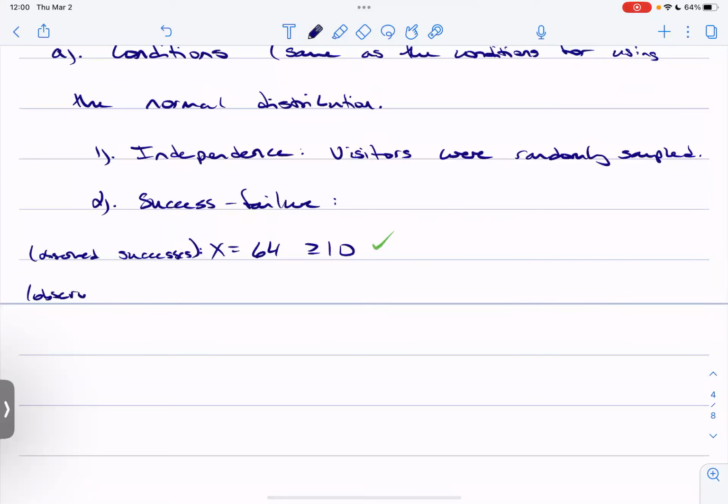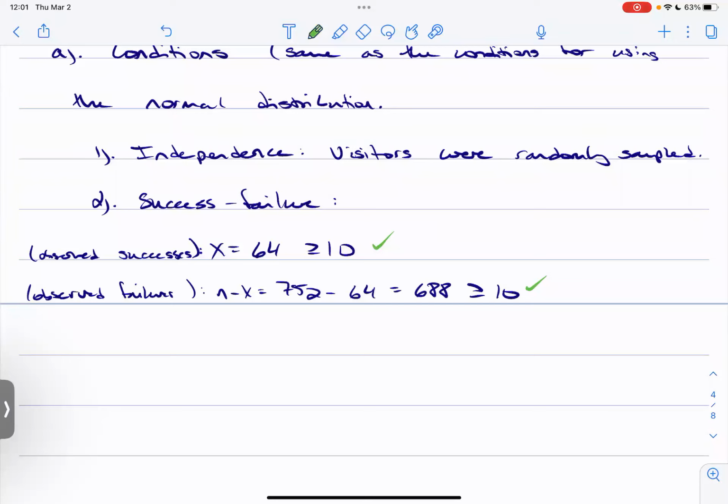And for the failure side, observed failures is N minus X, which is 752 minus 64, which is 688, which is also greater than or equal to 10. I used X equal to 64 because I had the number of successes in the question, right? So then I'm just gonna use that.